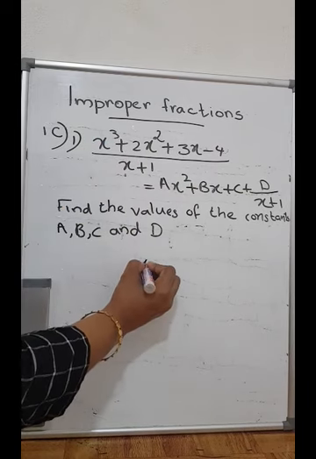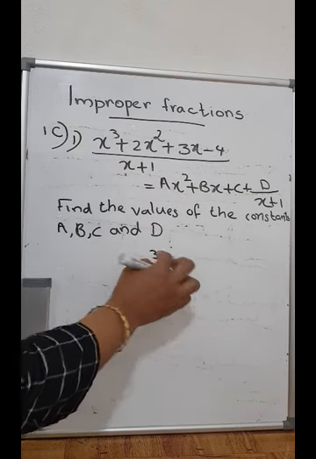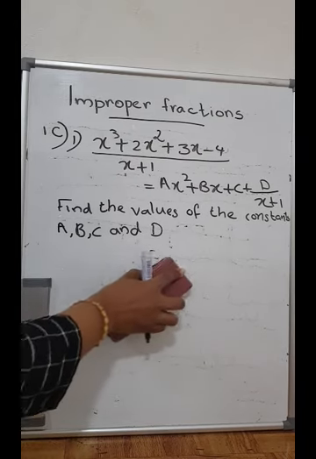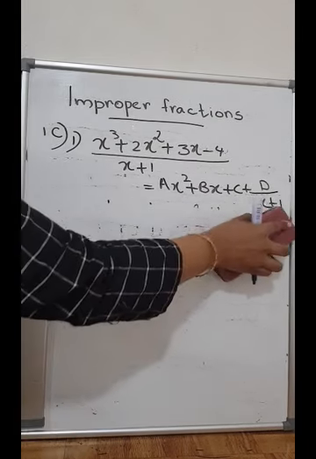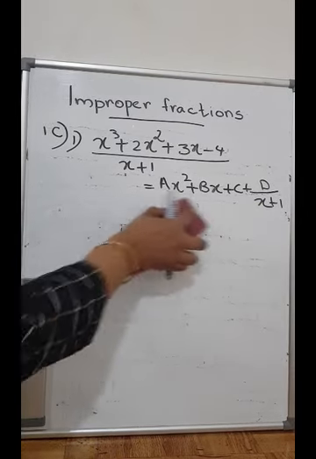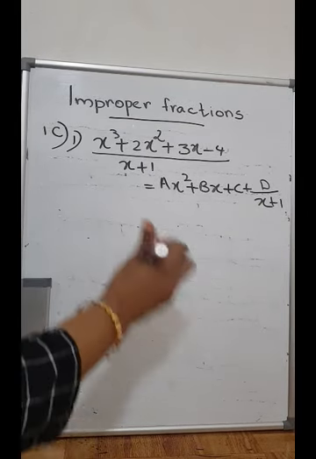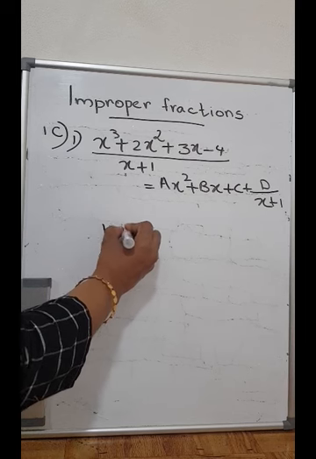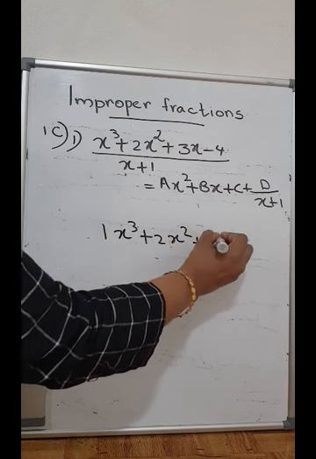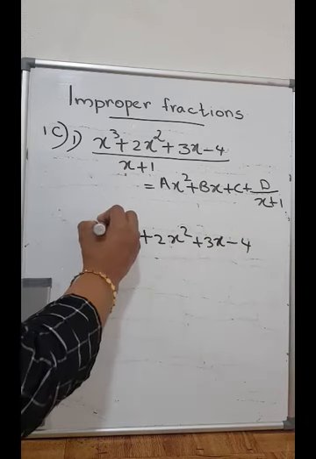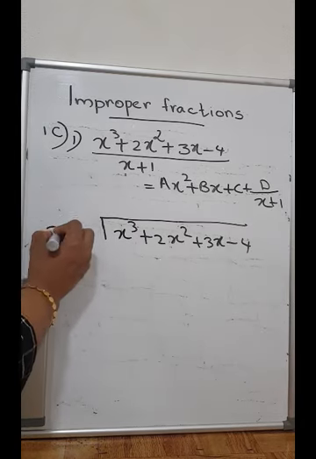I think I have to erase this part, otherwise there won't be enough space. x cube plus 2x square plus 3x minus 4 divided by x plus 1.